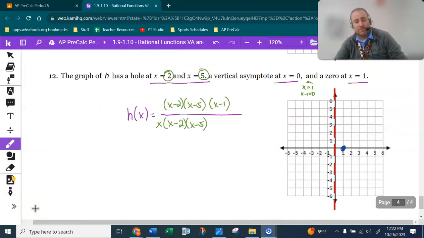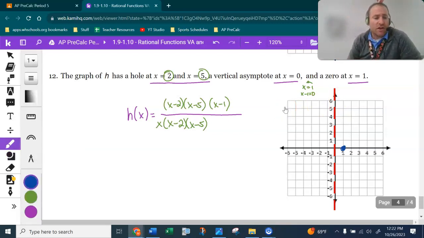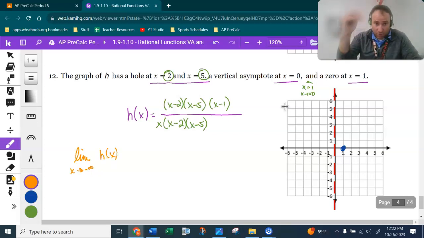While I was on pause, I put in my vertical asymptote. I don't know why it won't give me the arrows, but I got my vertical asymptote at x equals 0, and I plotted my x-intercept at 1. Now just for fun, the limit as x goes out to negative infinity, as our x values decrease without bound, notice we got 3 x's up top, 3 x's down below.